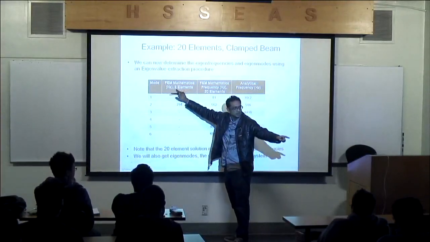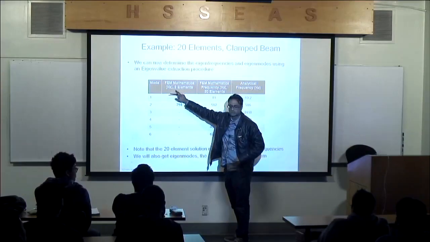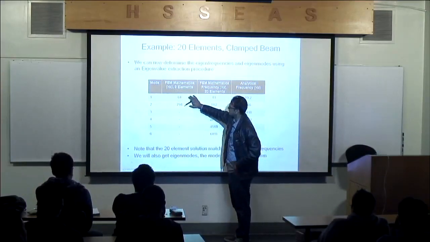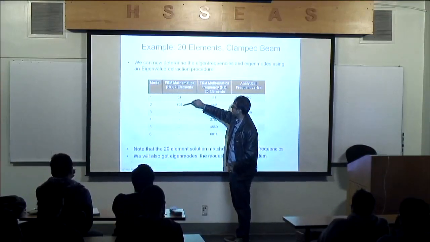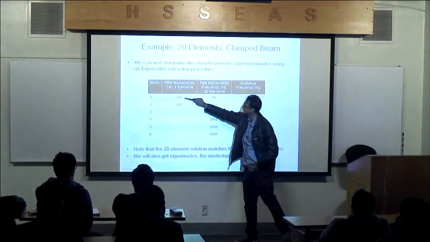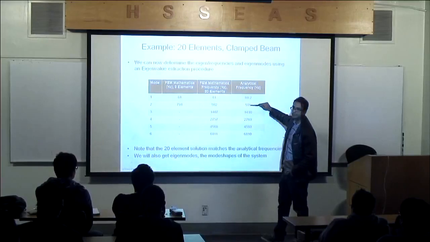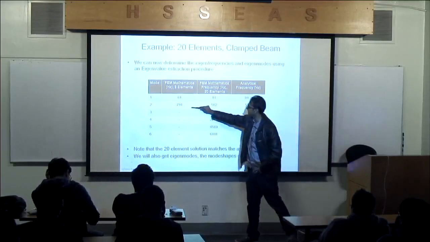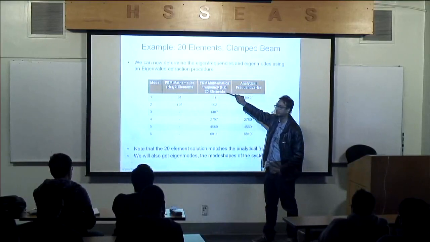So one element, only 2 modes, and this is the modes I get. The analytical solution gave me 80.2, very nice. The second one is not as good, 506 versus 794. But hey, what if I use 20 elements? Look at that.